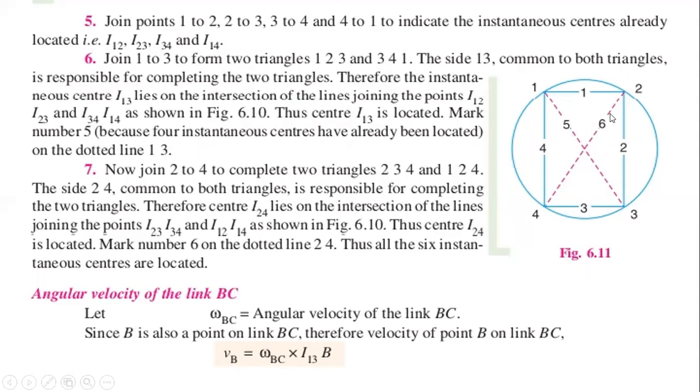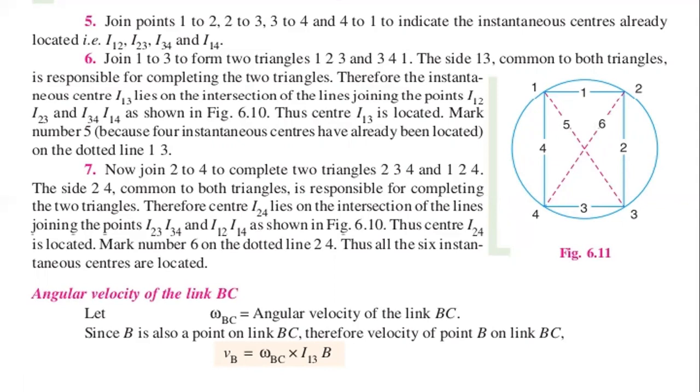These are the two triangles formed with that line. Therefore, the instantaneous center I13 lies on the intersection of the lines joining the points I12, I23, I34 and I14 as shown in the figure.